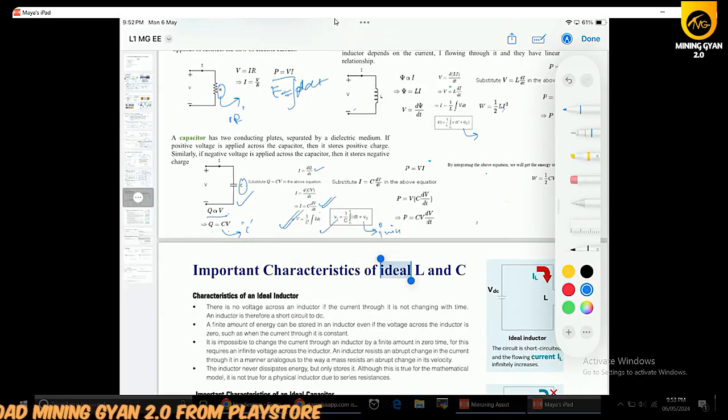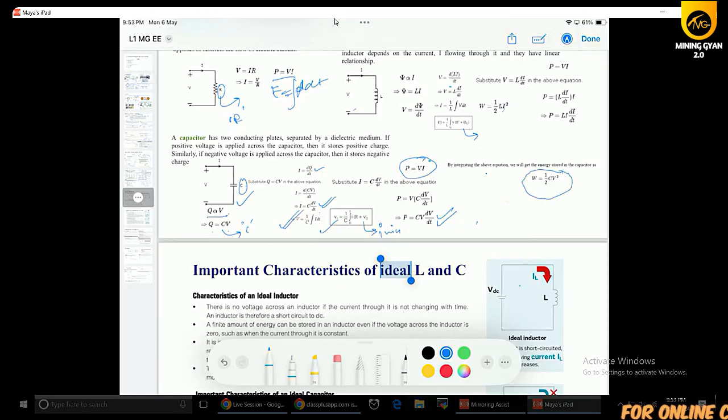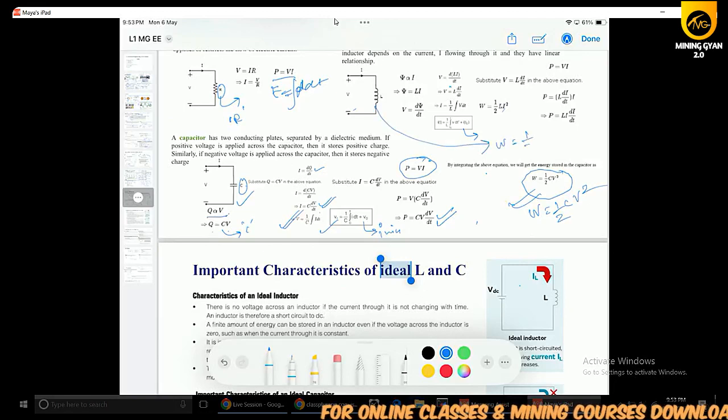Then how to calculate the power? Power is P equals V into I, where P equals V C dV by dt, and hence you can calculate the power like this. Whereas you can calculate the stored energy in a capacitor by half CV square. In the case of an inductor, you can calculate the energy as half Li square. You can do the derivation; I'm just giving the formula directly.